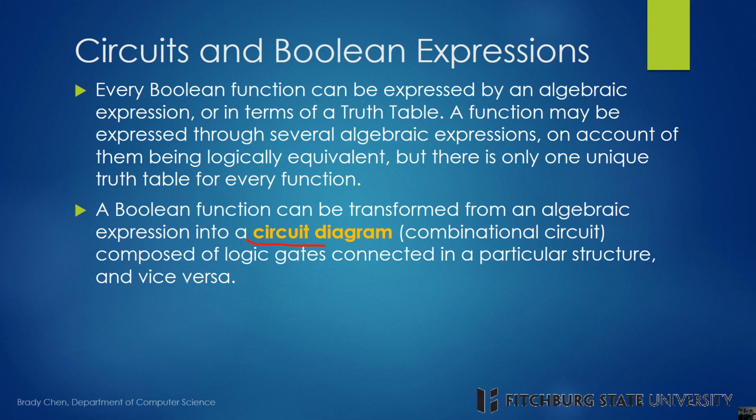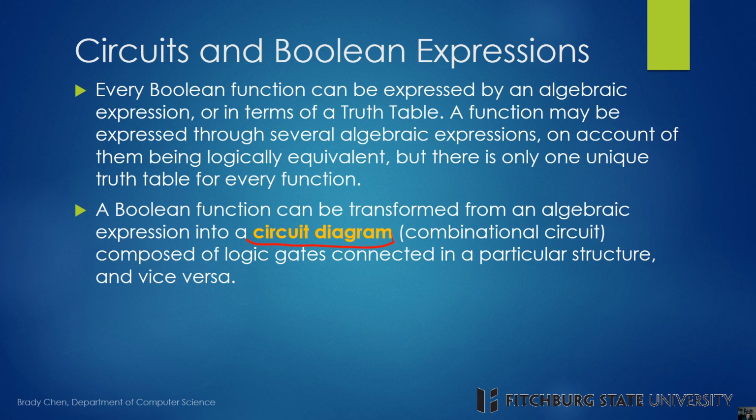The circuit diagram, basically, we're going to draw using various different symbols for the gates. We call it a combinational circuit. So these circuit diagrams are composed of logical gates connected in a particular structure, or vice versa.